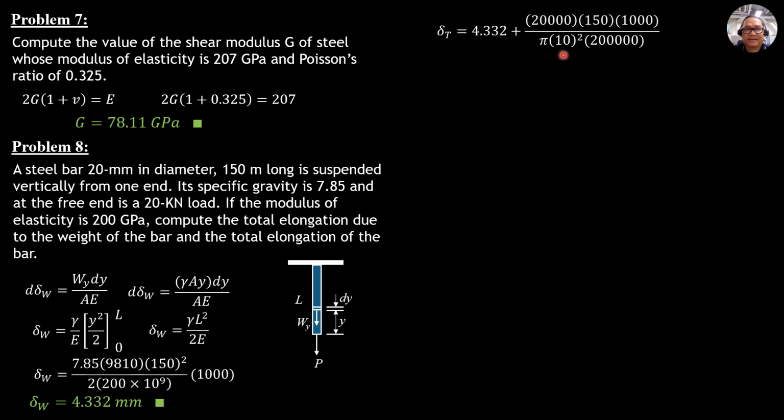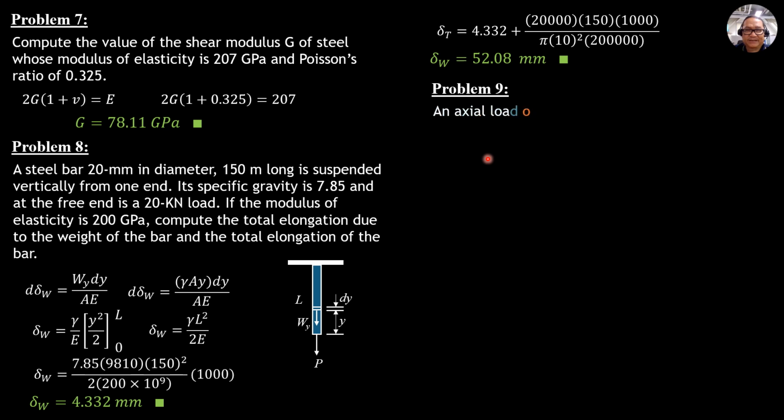The denominator is area, pi times 10 squared, times 200,000 newtons per mm squared, because this is in megapascal. So the numerator is newton meter and the denominator is newton, giving meter, times 1000 to convert it to mm, consistent with this. So the total deformation is 52.08 mm.